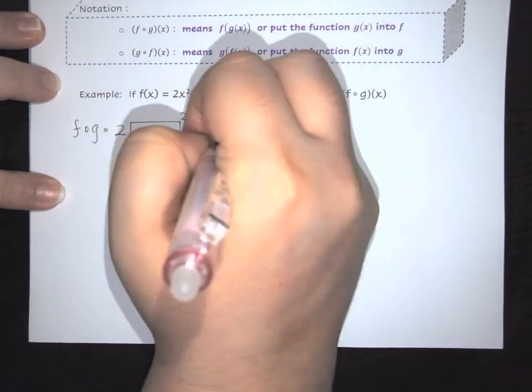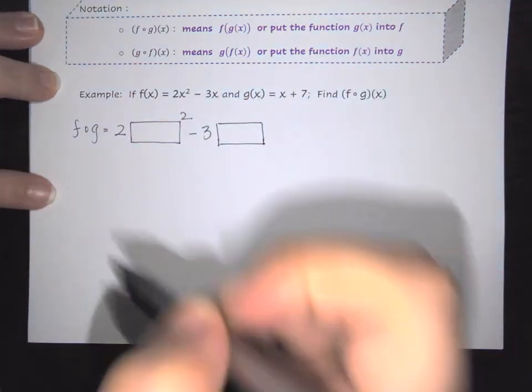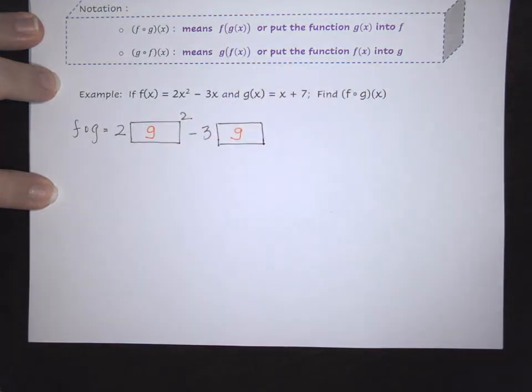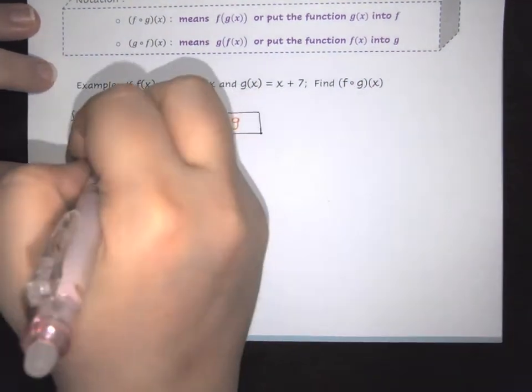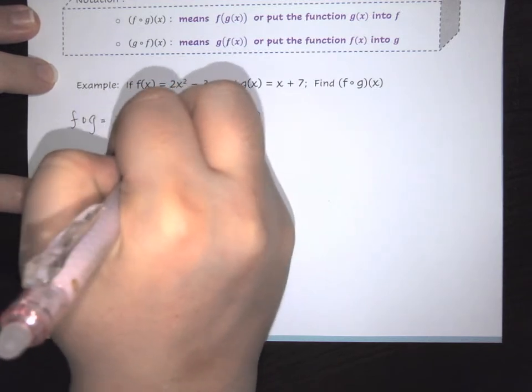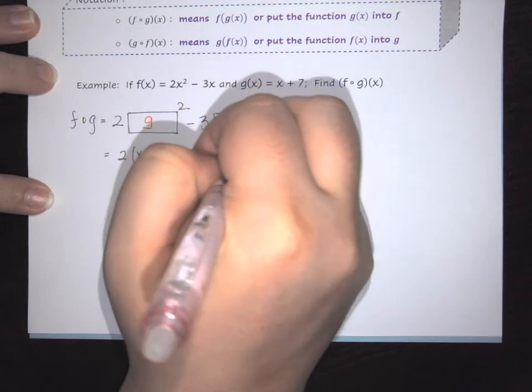I take notes for myself of what I need, and here I have to put my g into this placeholder. So this becomes 2 times (x plus 7) squared minus 3 times (x plus 7).